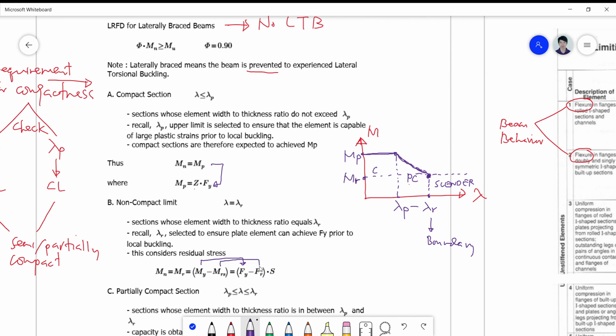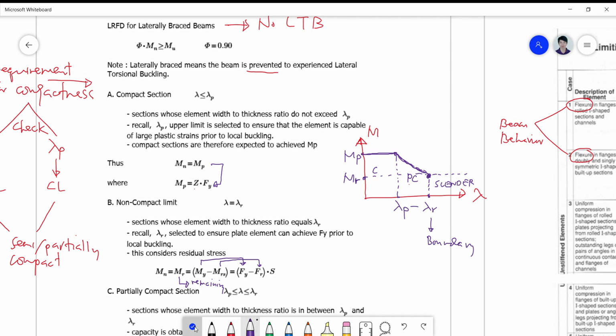So your yield moment will be equivalent to your yield stress, and your residual moment will be converted to your residual stress, and your Mr is simply the remaining moment after your residual moment has been deducted. Okay, so if I ask you what's the residual moment equivalent, simply use this formula.